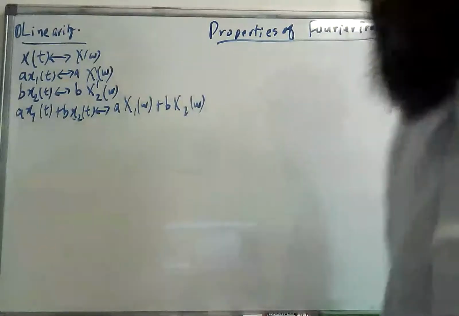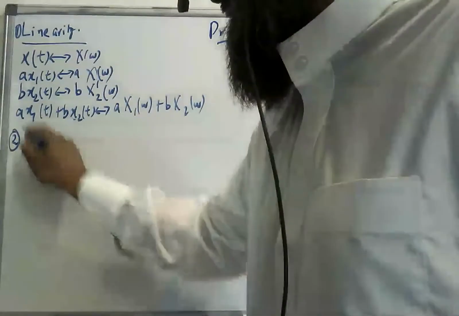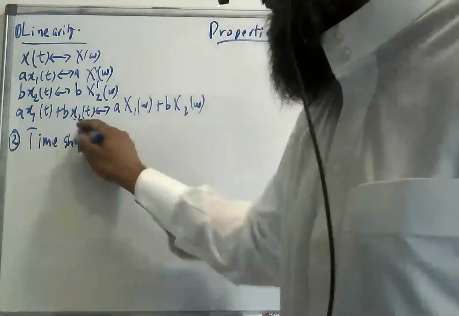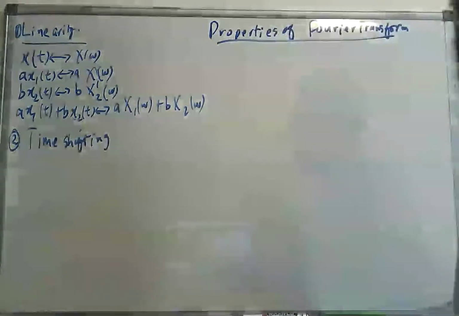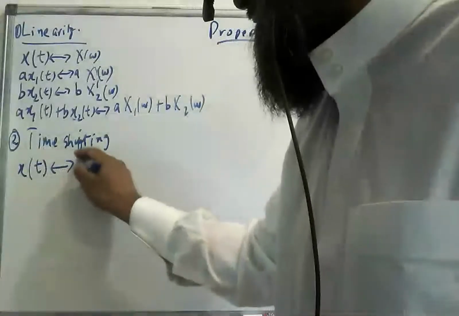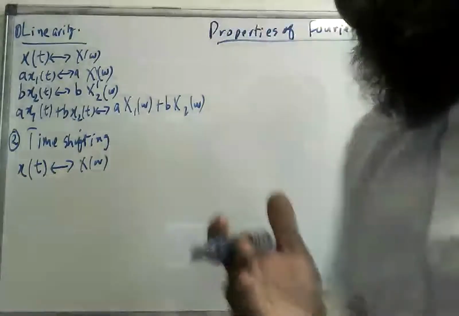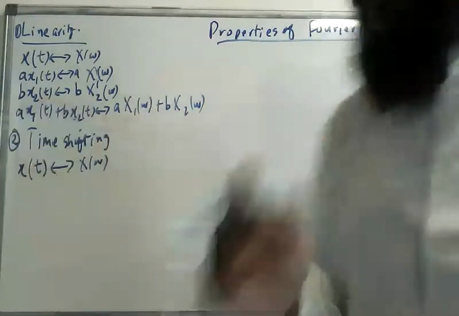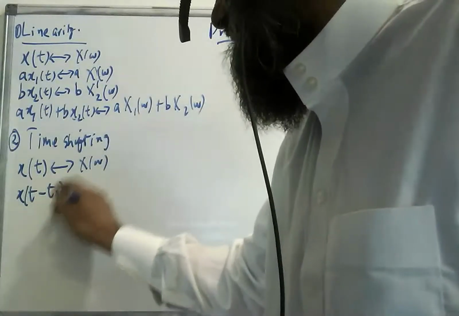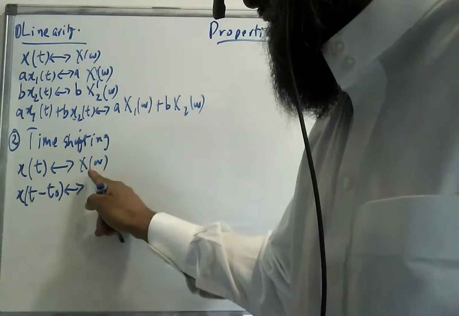This is the linearity. The second property we did was the time shifting. The time shifting property says that if the Fourier transform of a function x of t is X of omega, and we shift the function right or left by an amount t naught, then we don't need to calculate the Fourier transform again.